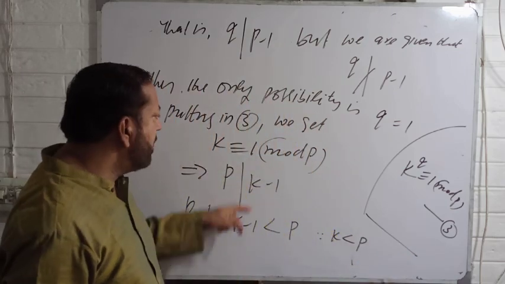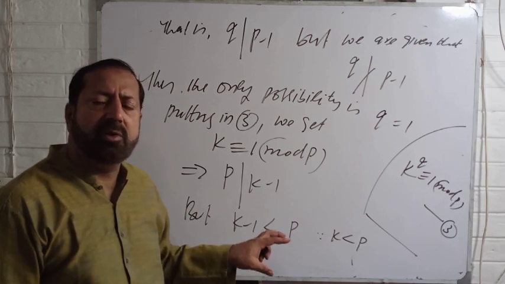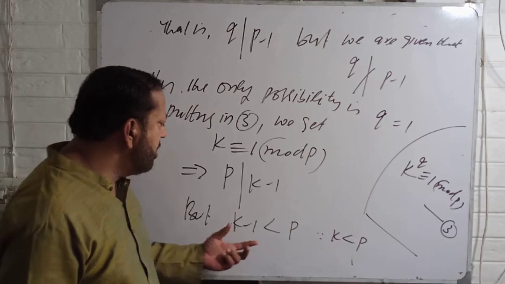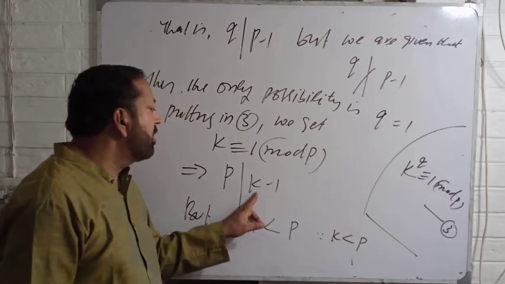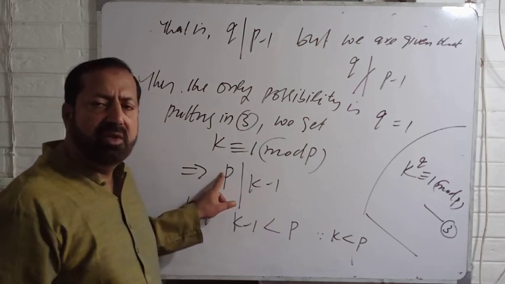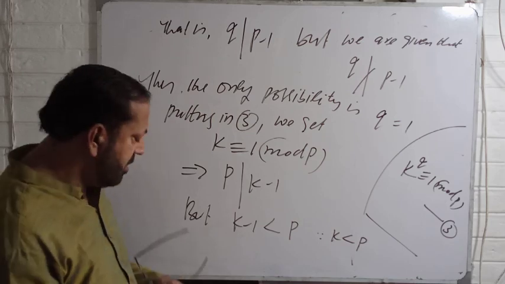Again, you are doing the simple process, you are using the conditions, so there should not be any contradiction. You need to find the possibility. Thus this is possible only if k minus 1 is equal to 0, because every number can divide 0. Every number is a divisor of 0 except 0 itself, right?